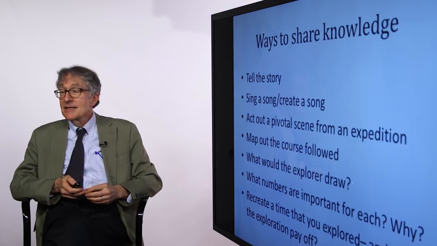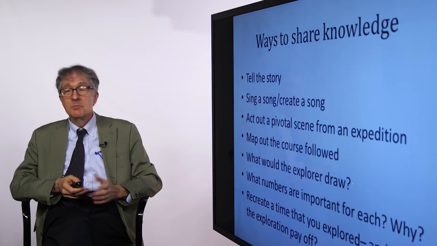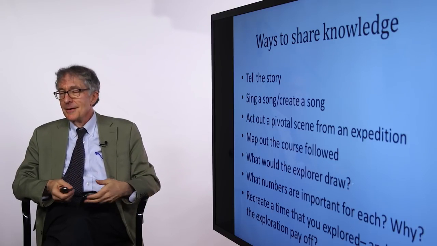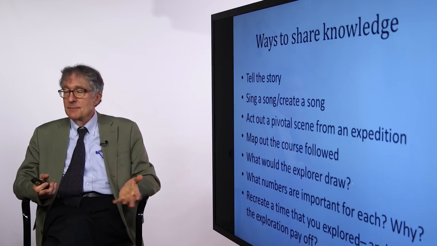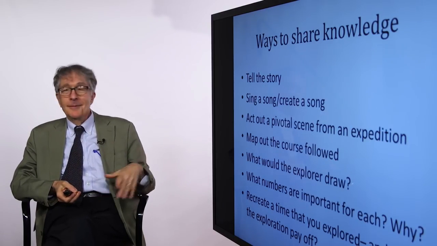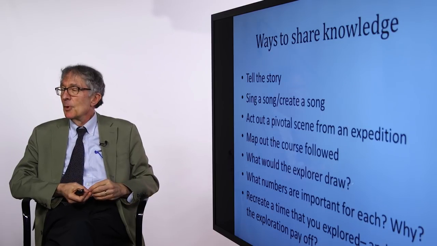And then what Rhonda does is she asks the kids to share what they've learned in different ways. They're supposed to tell a story about what they've learned, sing or create a song, act out a pivotal scene, a pivotal moment like when Cortez meets Montezuma, map out the course followed geographically, and then say, how would the explorer have drawn?